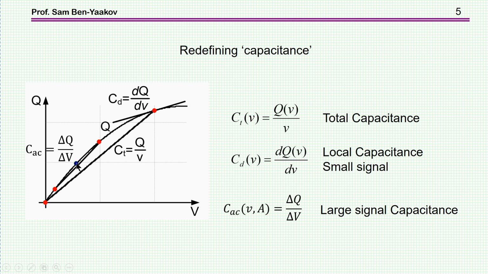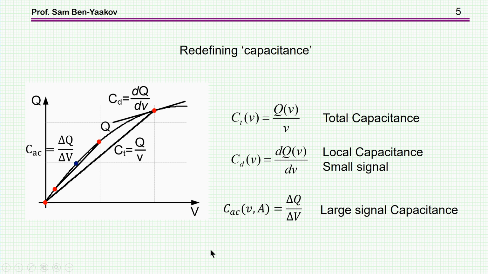Again, if the excitation is around 0, we are going to have a line like this, and if the excitation stays here, we are going to have a line like this. So this large signal capacitance is also changing depending on the voltage you are at.